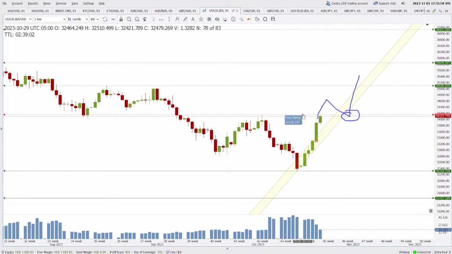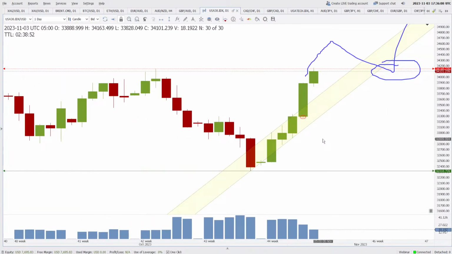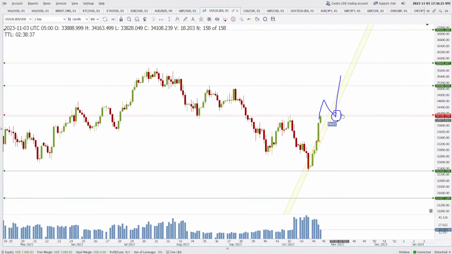So right now price is trading at the resistance 34,148, and the downside is possible here, although I will still say 32,318 is the support. Since this level was 34,148, and today the price has seen 34,163, that means it has seen higher prices. That means buyers are trying to take control of the market. So with a small pullback, it is possible that the price will head towards 35,096.